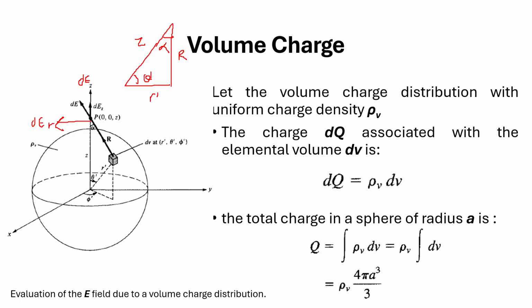The charge dq associated with the elemental volume is dq, the total charge for the sphere volume. So we have rho v, the volume charge density, times this elemental volume.